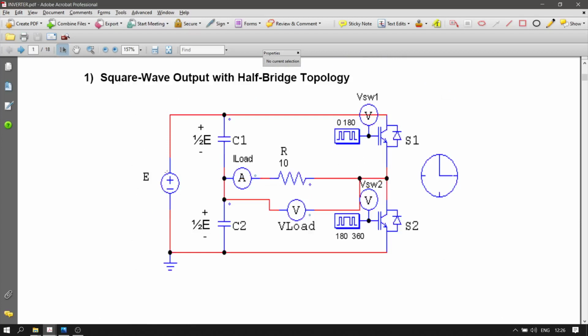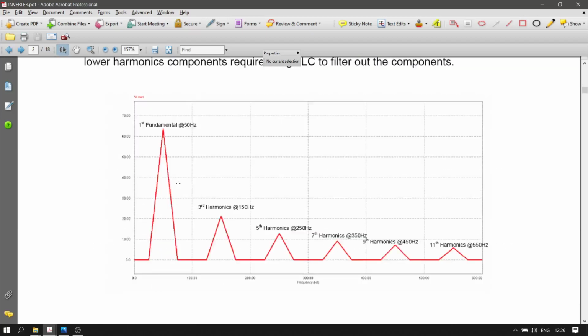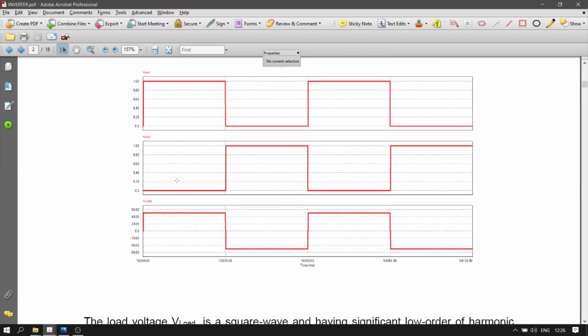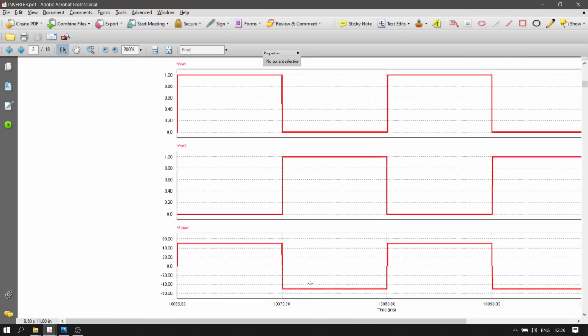So in this example, the input voltage is 100 volts, therefore the amplitude is 50 volts here. So 50 and minus 50, right?